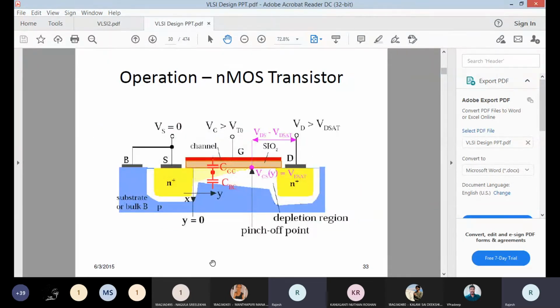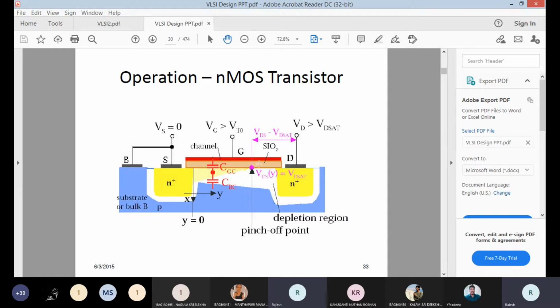as in this diagram. In this diagram, we are applying a drain voltage greater than VD sat. VD sat is nothing but VGS minus VTN. The gate voltage is applied greater than the threshold voltage. Source and bulk are at the same potential. Gate to channel voltage is more at the source end, so more carriers are shown in this diagram. You can see one linearly increasing curve, but it stops at this purple dot.